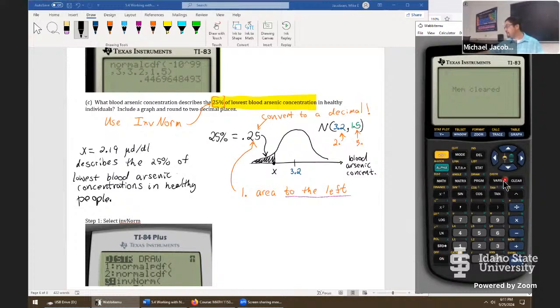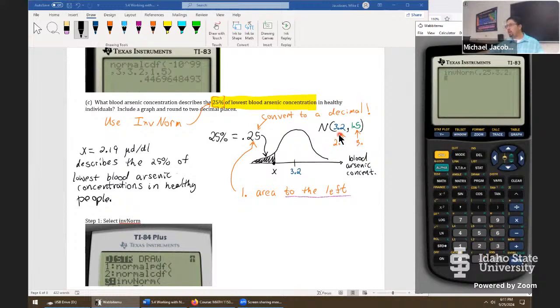If I hit second, bars like before, go down to the inverse norm option. And like before, it's pretty Spartan as far as a calculator goes. We just have to know the input order. So input 1 is the area, but always watch out. We never put in the percentage, we put in the decimal, 0.25, hit your comma, and now put in 3.2.